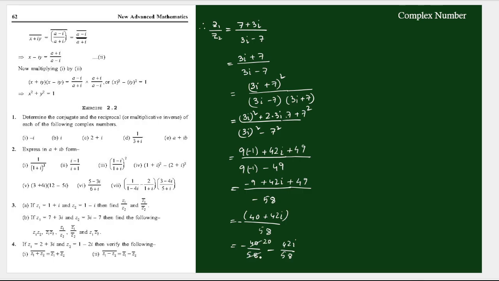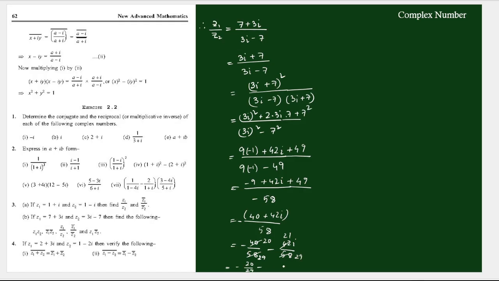Then this will be how much? 20 by 29, and here also 21 by 29. So it is minus 20 by 29 minus 21 by 29 i. Okay.